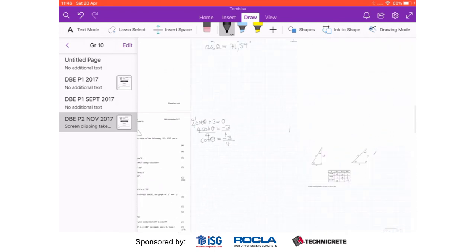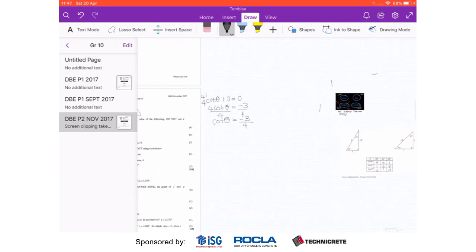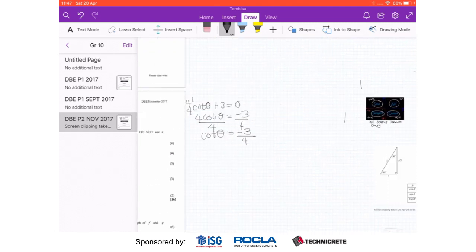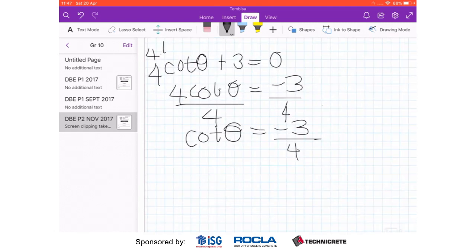Firstly, we need to change this because our functions are only sine, cos, and tan. This is cot. What do we know about cot? Cot is equal to 1 over tan. So it's therefore equal to 1 over negative 3 over 4.